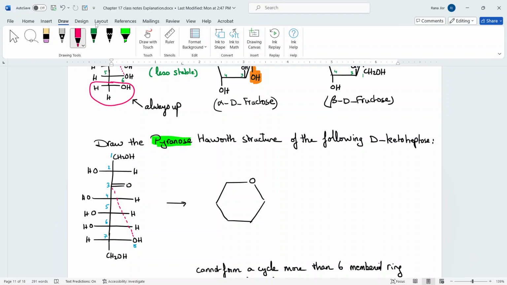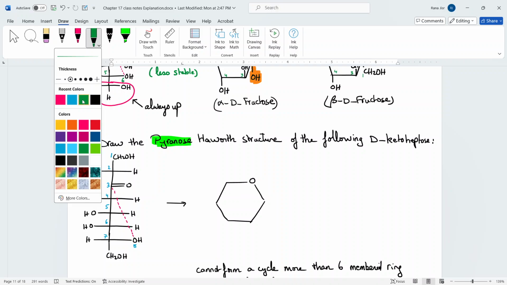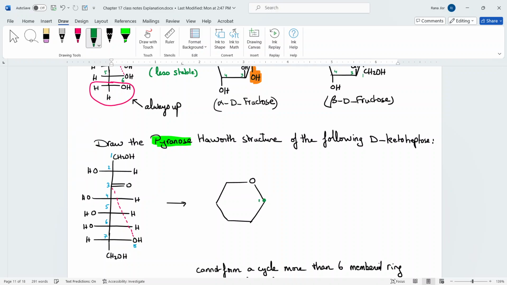If I follow the numbers, this is carbon number 3, that is going to be 4, this is 5, 6, that is 7, and that is going to be oxygen 8, which makes sense based on my numbers.